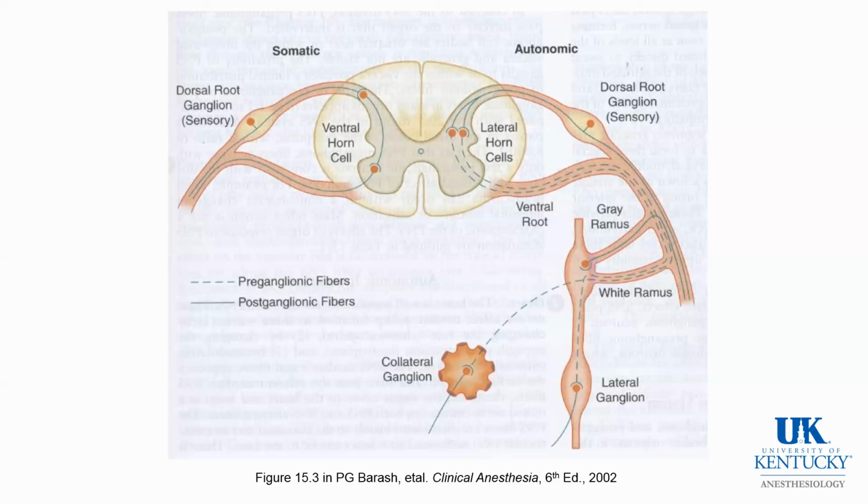It's called the white ramus because the preganglionic nerves are myelinated and hence cause these rami to have a white color. The ganglionic nerve body is located in the ganglia, and the postganglionic nerve then exits via the gray ramus to rejoin the spinal nerve. Since these nerves are unmyelinated, the ramus is gray.